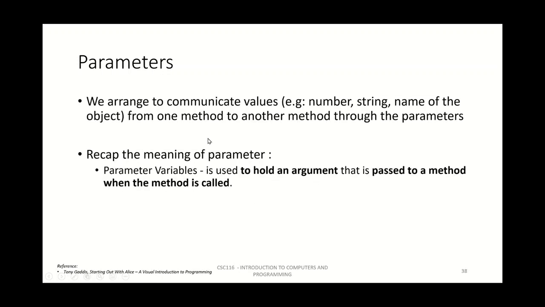We arrange to communicate values, for example a number, a string, or the name of an object, from one method to another method through a parameter. So what is actually a parameter? You can recap based on the previous explanation: you hold an argument and then pass it to a method when the method is called.